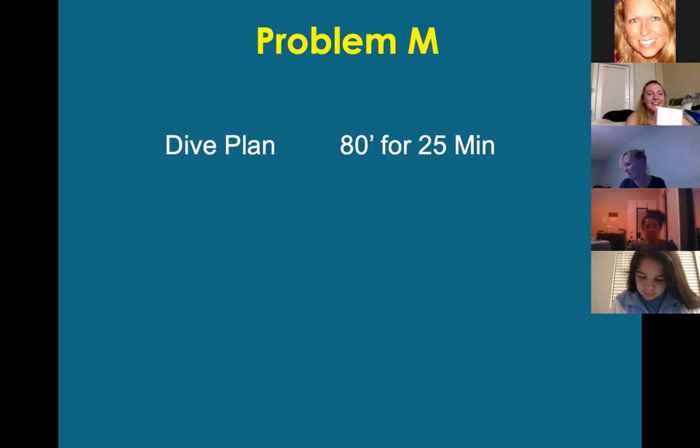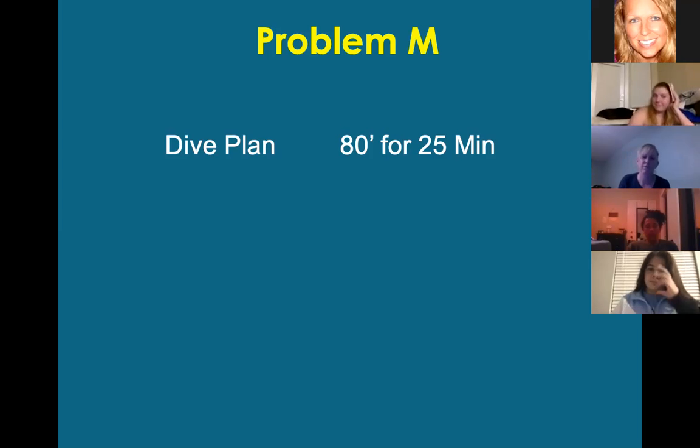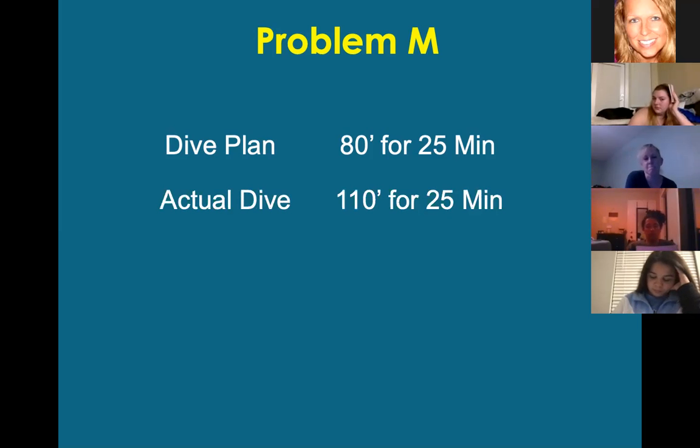So let me set this up for you. We planned a dive to 80 feet for 25 minutes, but what happened was we saw this really cool whale shark, and we kind of lost track of things. And hey, it can happen. So now click. We ended up going to 110 feet. Ooh, yikes.